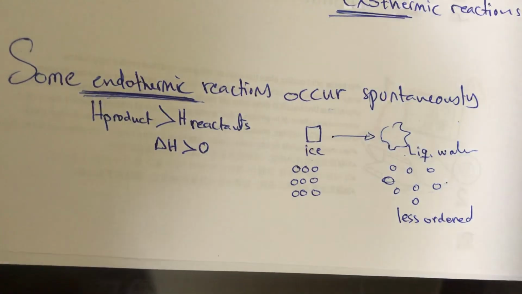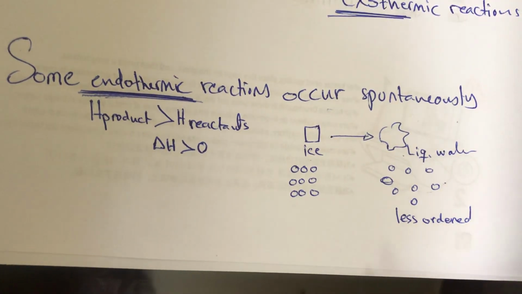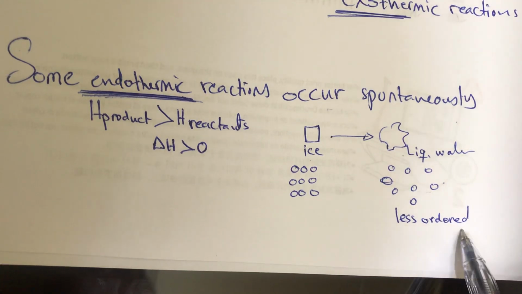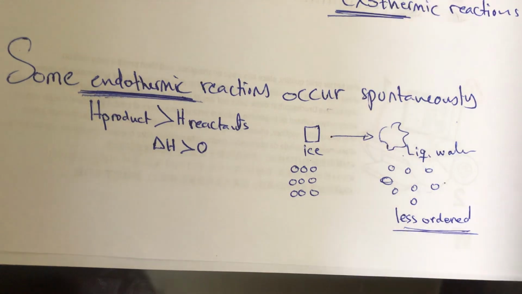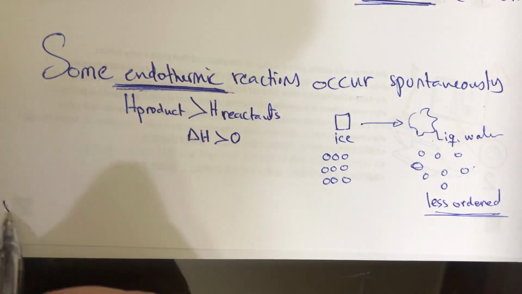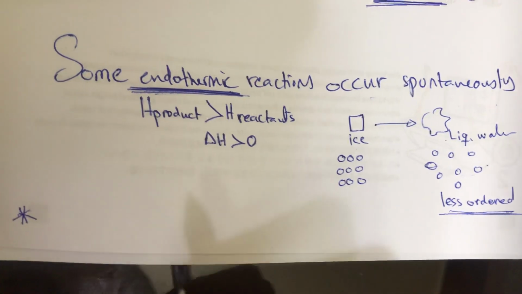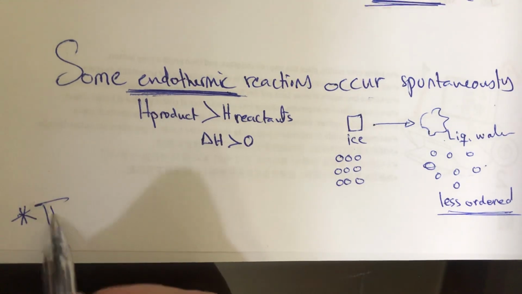So they found that there is a tendency in nature to proceed in a direction that increases the randomness of a system. So this is the second note or rule.